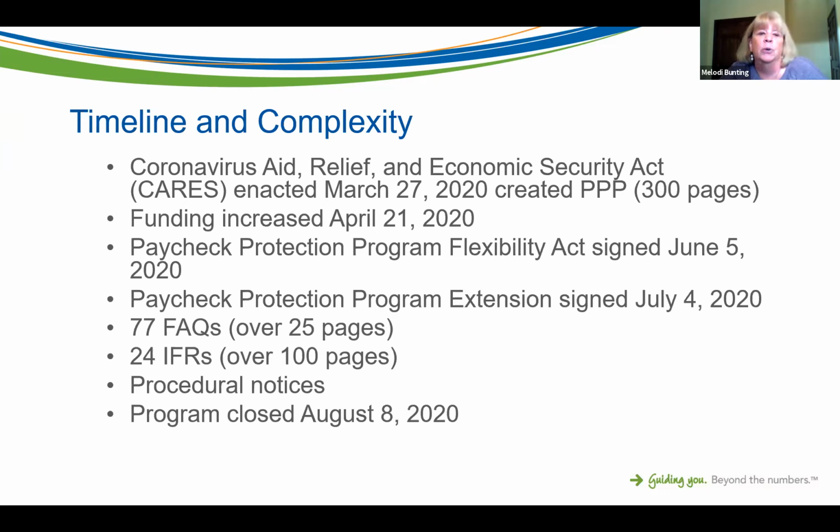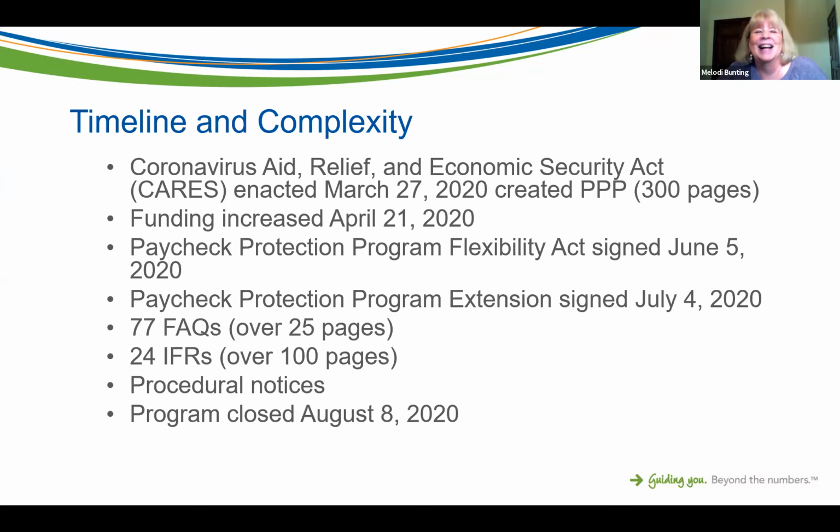The first two, one was primarily healthcare and the other was the FFCRA. But then we had ongoing acts related specifically to PPP. Funding increased, there was a Flexibility Act, and then there was an extension.